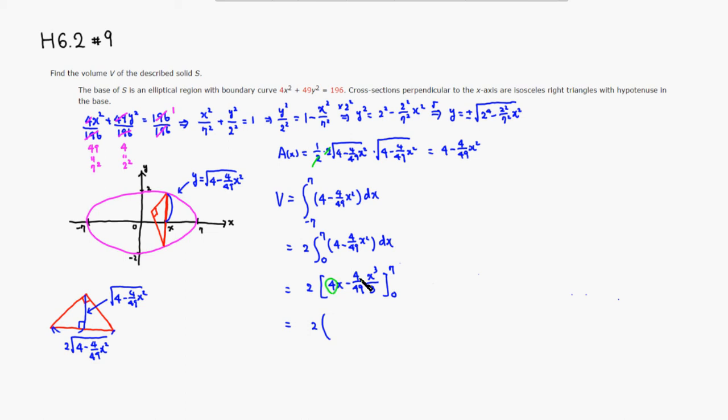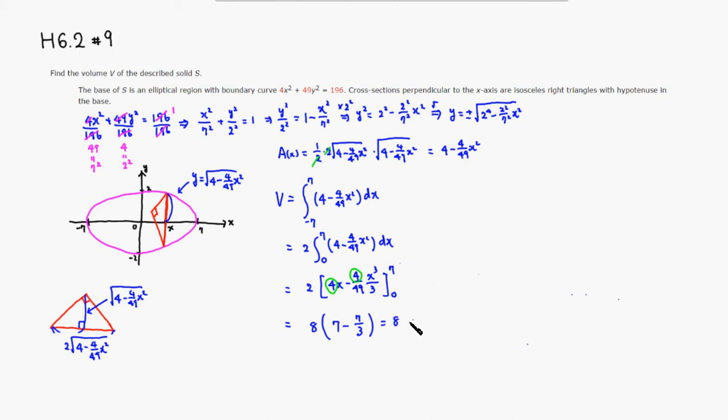There's a 4 here and a 4 there, so instead of 2, I can put 2 times 4, which is 8. Plugging in 7, it's going to be 7 minus 7 cubed, but 7 squared cancels out, so it's 7/3, minus plugging in 0 is 0, so we have just that.